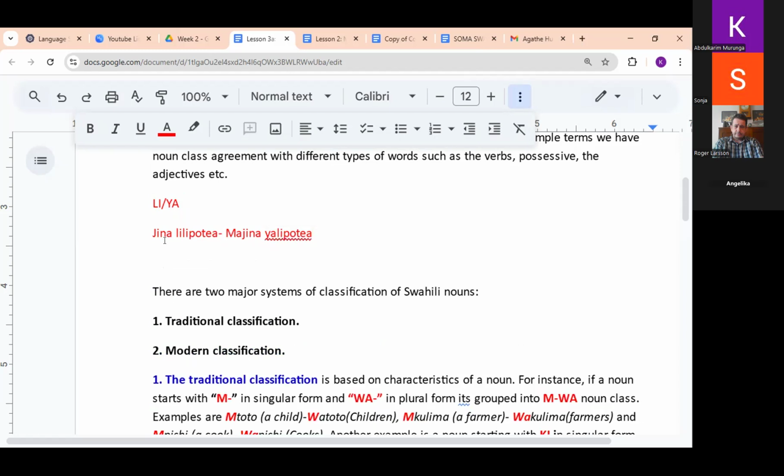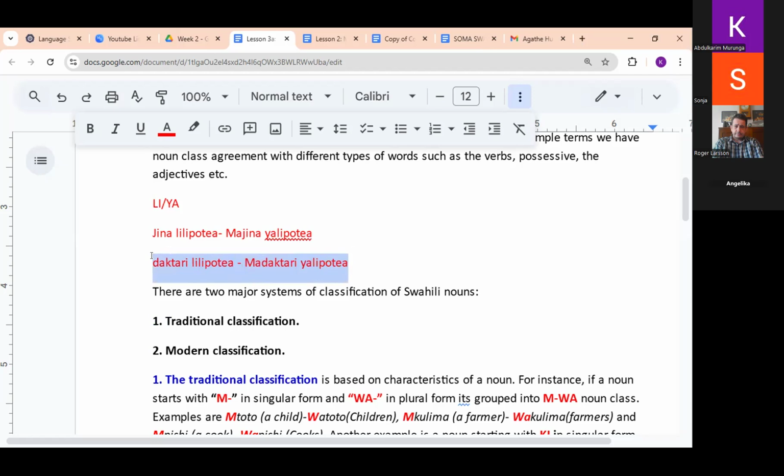So if we put the word daktari, I'd say daktari lilipotea, madaktari yalipotea. You see, it doesn't make sense. We need to say daktari alipotea, the doctor got lost, and madaktari walipotea. That's why we put the words daktari and madaktari into the a-wa class in the modern classification.